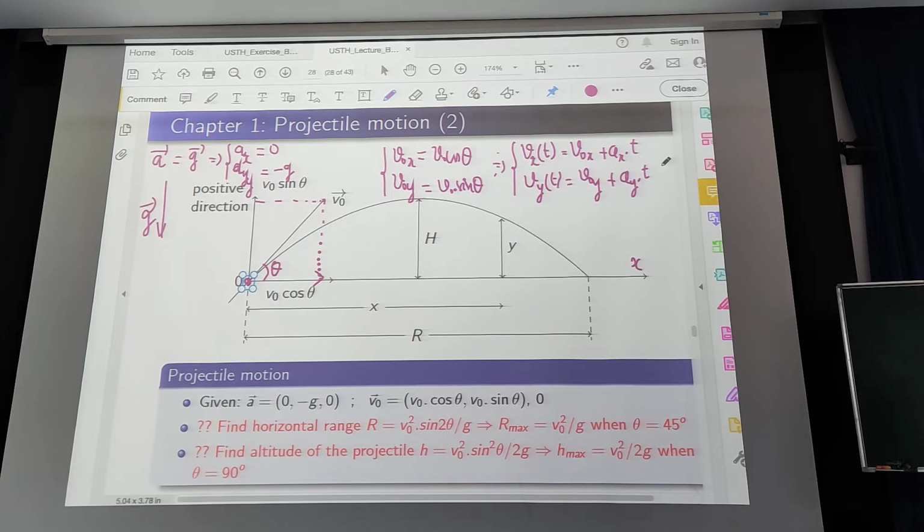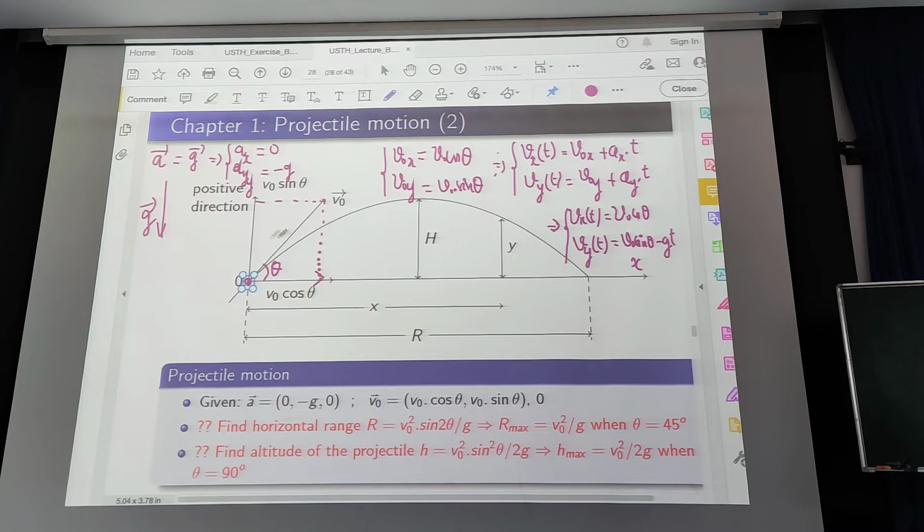Then you just plug in the values you already calculated in the previous steps. So I have vx at time t equal to v0 cos theta, since ax is 0, and vy at time t equal to v0 sin theta minus g t. Okay.